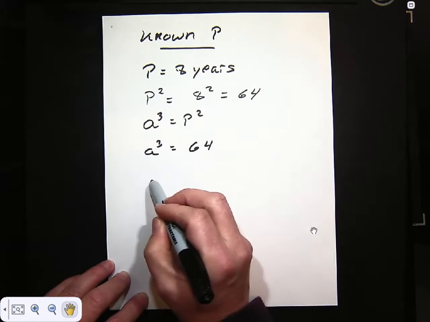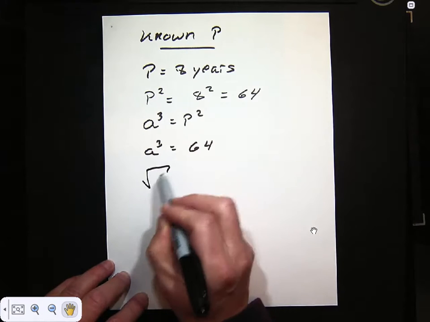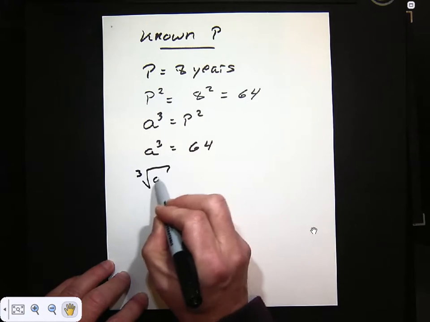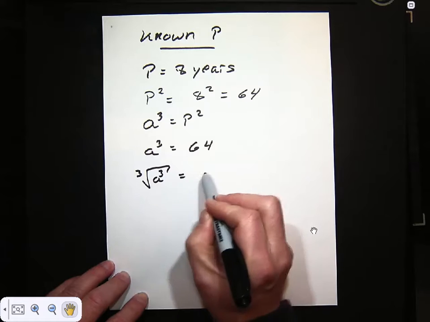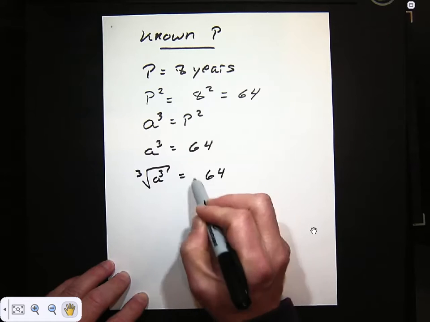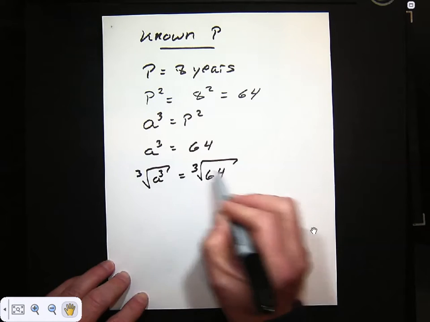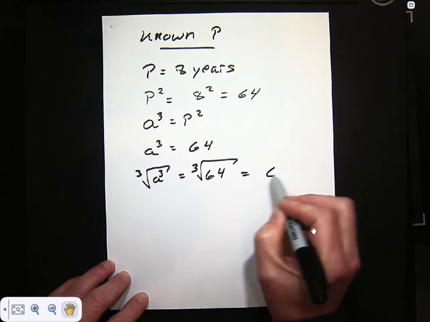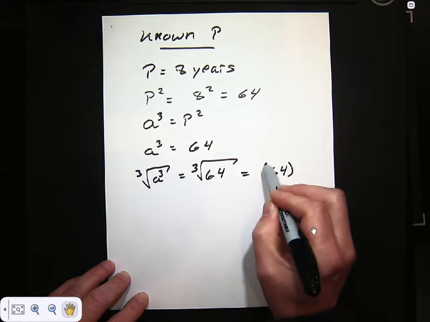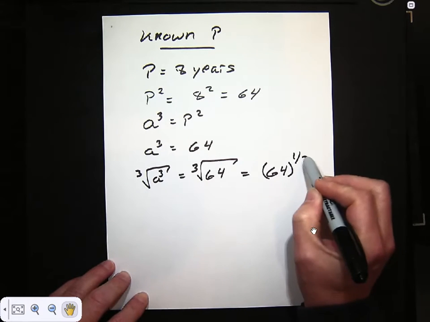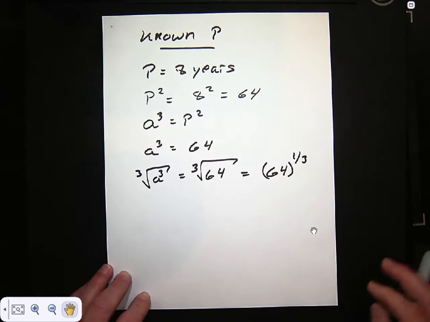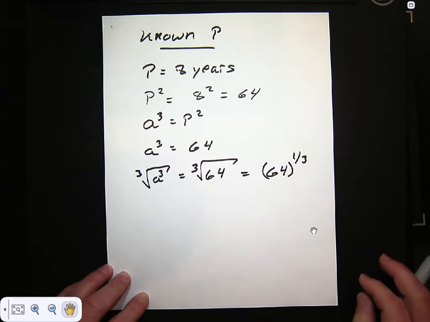To get A, we have to take the cube root of both sides. I'll write a cube root this way. It's one way to write the cube root. Another way is to use powers. Roots are fractional powers, so 1/3, or 0.3333 and so on.